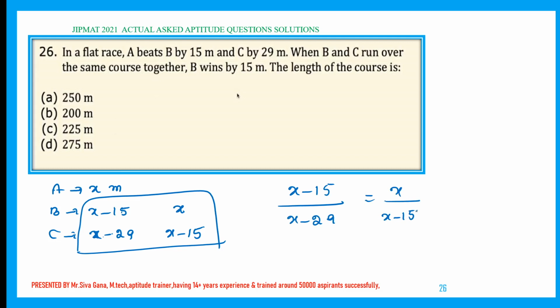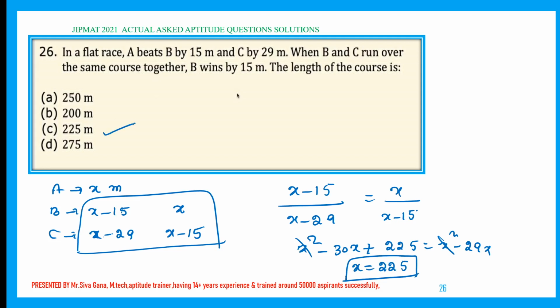Cross multiplication gives x square minus 30x plus 15 square, which is 225, is equal to x square minus 29x. X square gets cancelled. So x equals 225. That is the length of the course, which was there in the options.